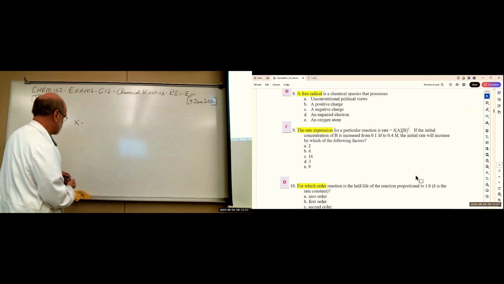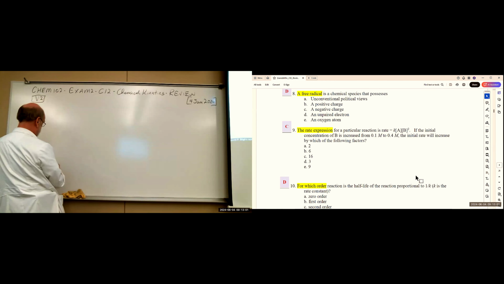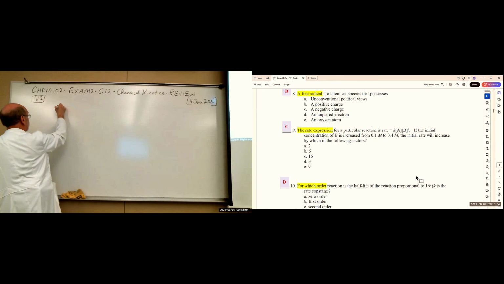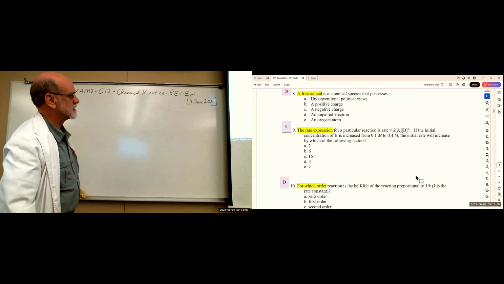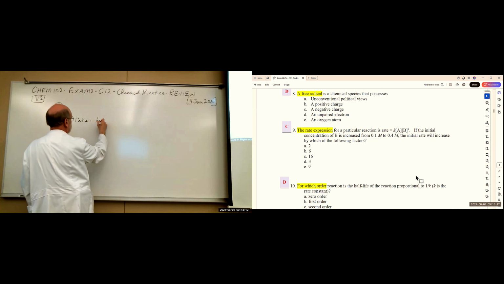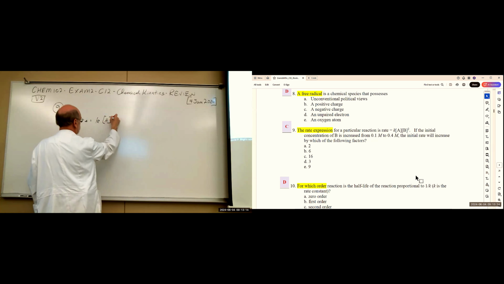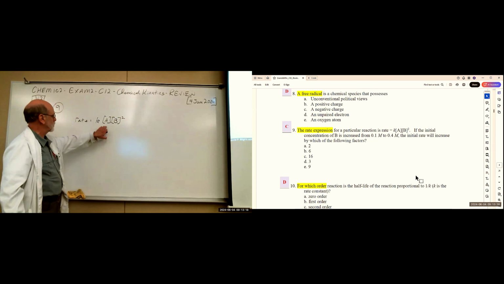Okay, a rate expression. Number 9, is it? A rate expression for a particular reaction is: rate is k[A][B]squared. First order, second order.